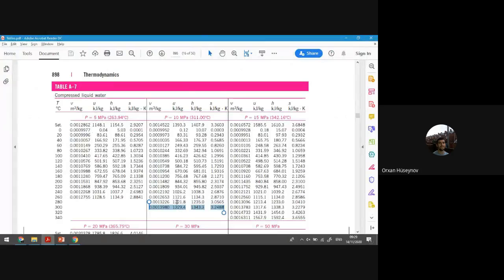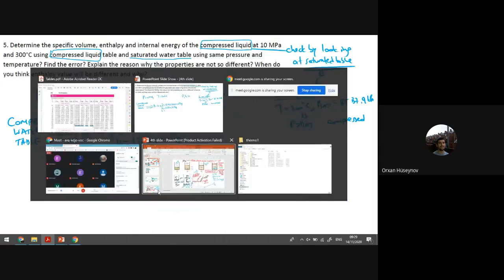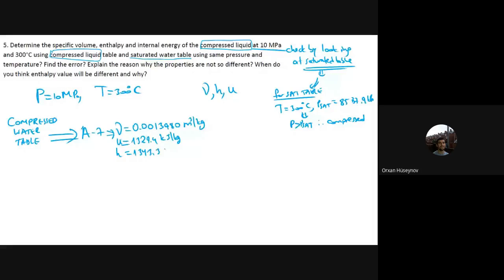The next value is the u value. And then you have the h value, which is 1343.3. These are the values by using the compressed liquid table, so these ones are the correct ones.